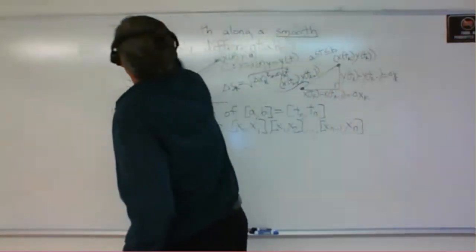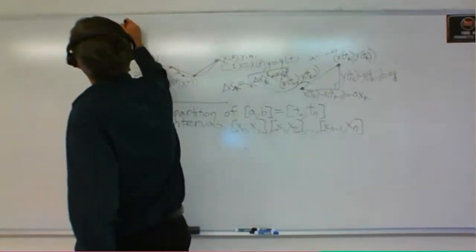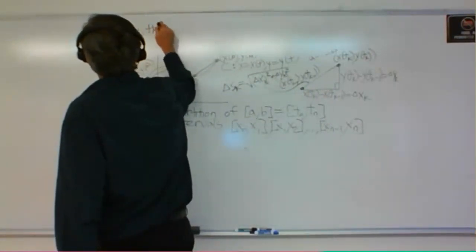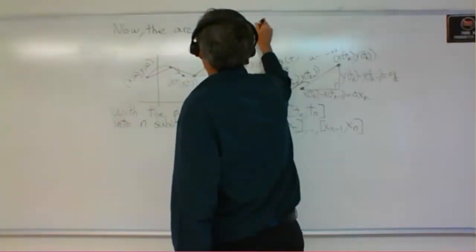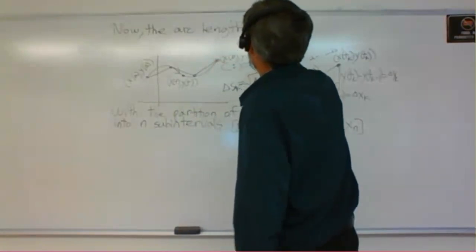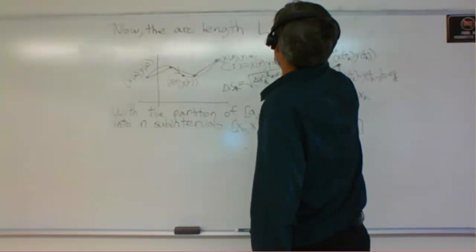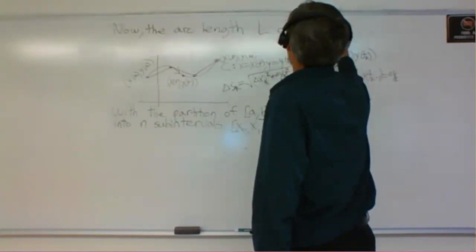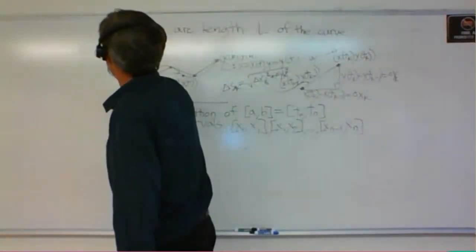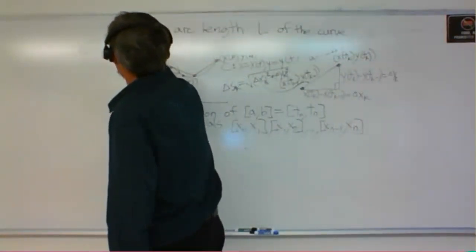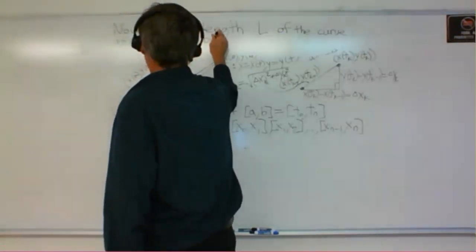Now, the arc length, let's say S of the whole curve, or let's use L actually, L of the curve is approximated by the sum of the lengths of the line segments by the following.